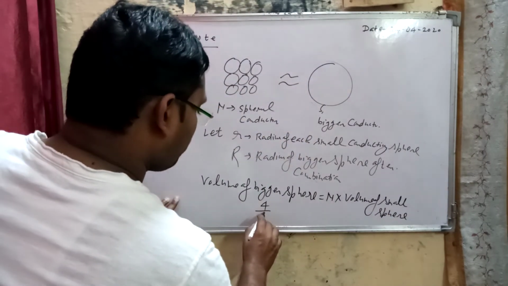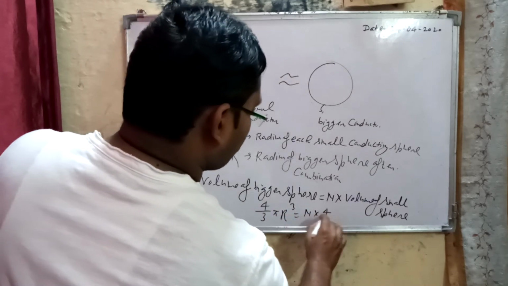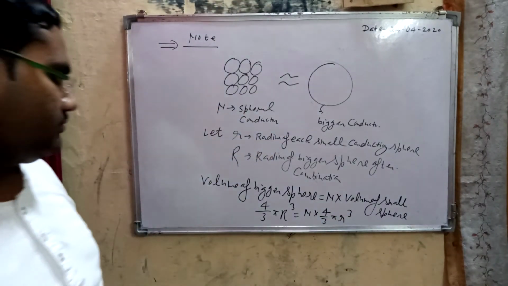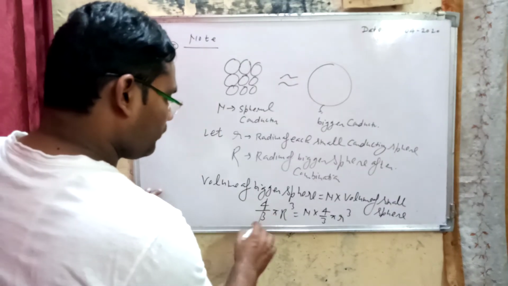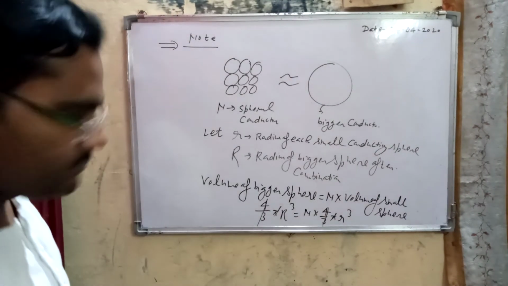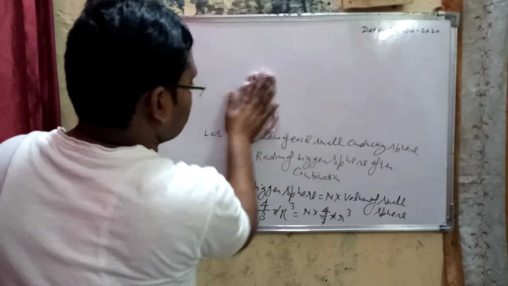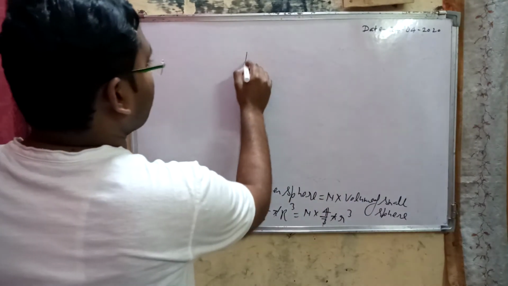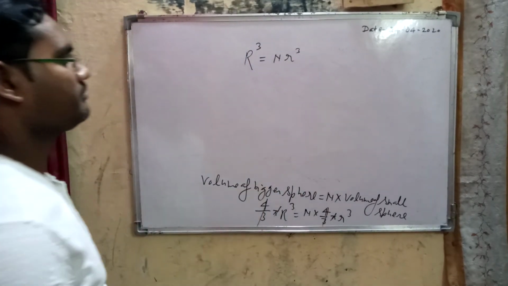Now 4 by 3 pi capital R cube equals N into 4 by 3 pi small r cube. This is the expression for the volume of a sphere. Now 4 by 3 pi cancels. Then we get capital R cube is equal to N small r cube.